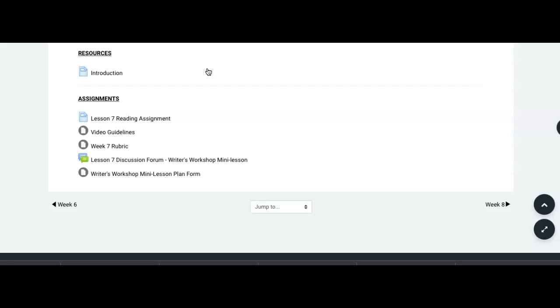You're going to be looking at chapter 4 in our text, which is how our youngest writers use the writing process to help them make books. And chapter 5, which is looking closely at mini lessons.